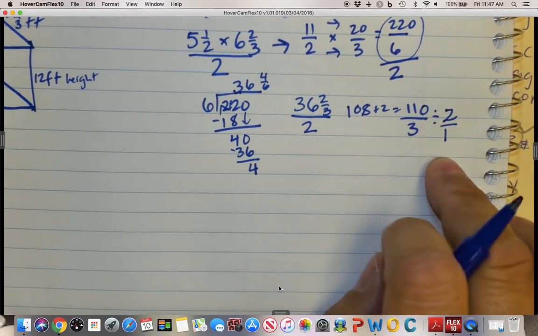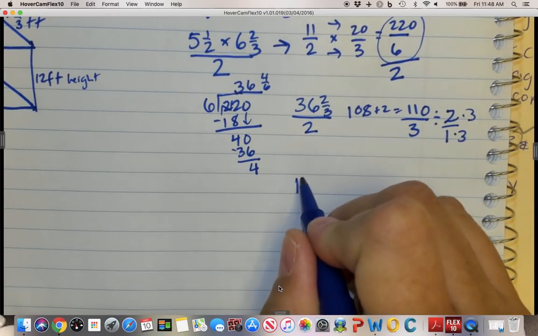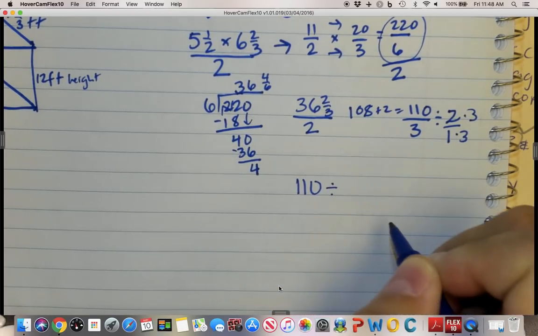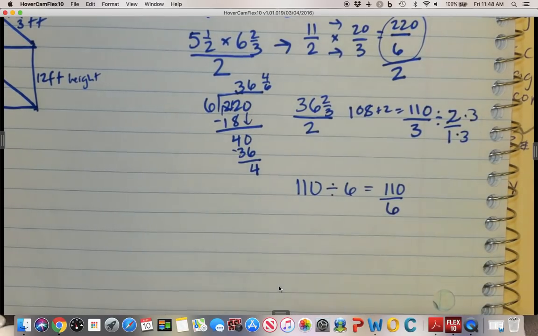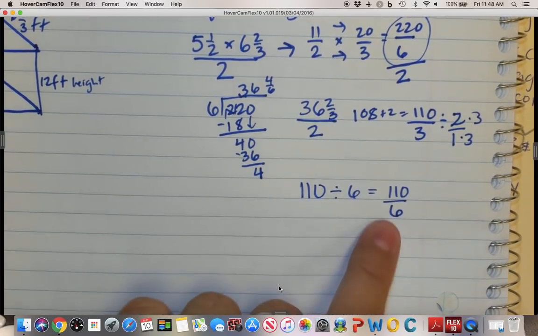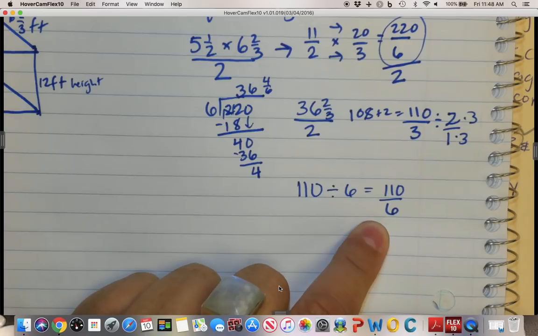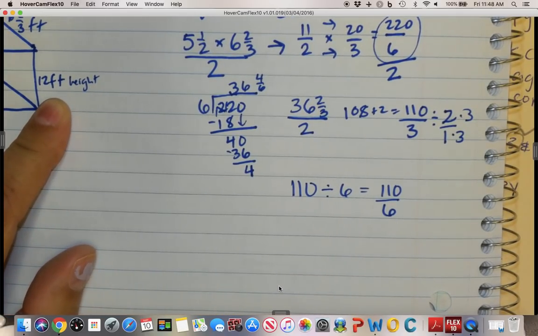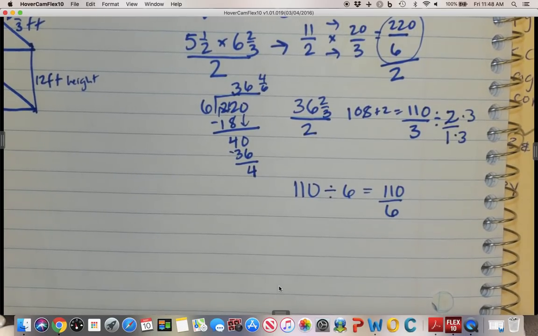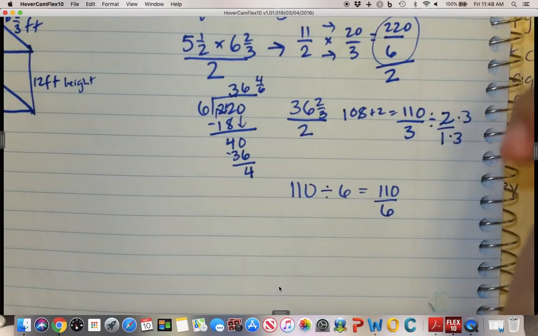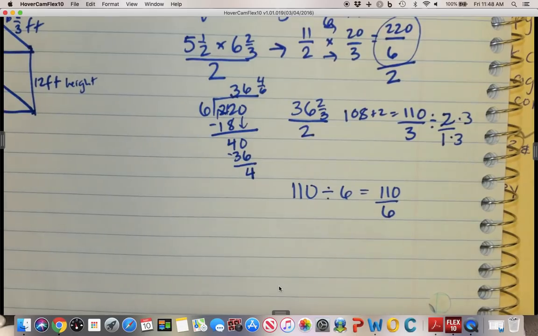In order to divide fractions, I got to make my denominators the same. So I'm almost there. 110 divided by 6. It's going to give me 110 over 6. I can simplify this, but I'm going to wait because I still have to multiply it by 12. So I might as well just simplify everything at the end. So the area of the triangle technically is 110 over 6 feet.